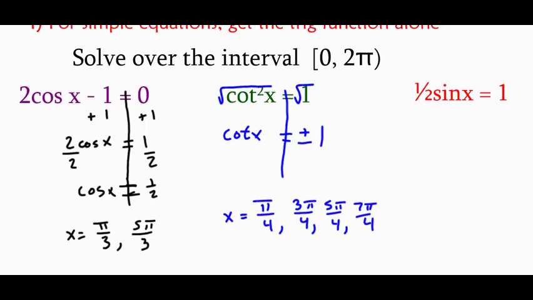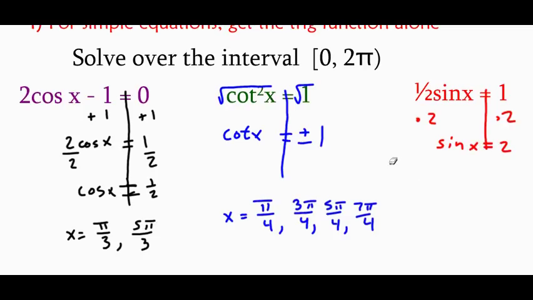Now let's try the last one. So for the last one, I have 1/2 times sine of x equals 1. So I need to get rid of this 1/2. I'm going to do so by multiplying both sides by 2. And so what I get here is sine of x equals 2. Now I have to figure out what angle gives me a sine ratio of 2.